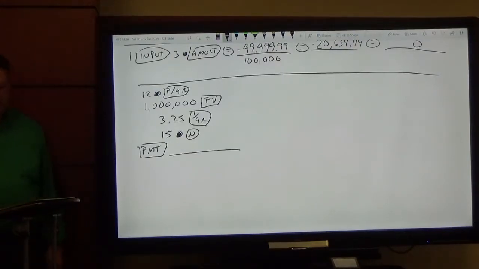So first thing, just like last time, we're going to start off by getting the monthly payment, or in this case, the payment, which happens to be monthly. So I get $7,026 and let's say 69 cents rounded.